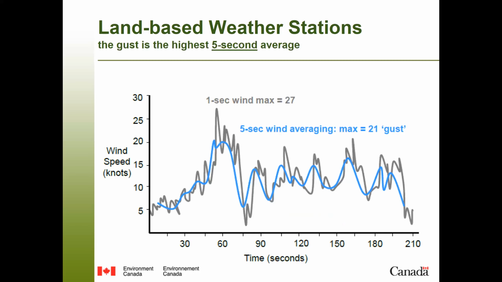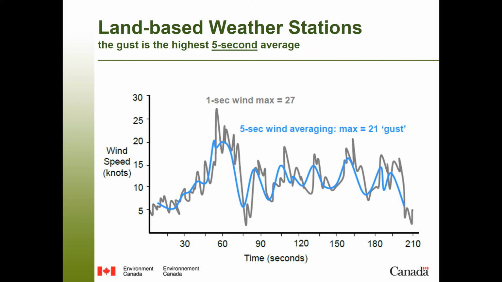So again, same graph in the gray, time across the horizontal, speed in the vertical, and the 1 second sampling is in the gray. Then you've got the 5-second average, which is now in blue, overlaid. It's not quite capturing, say, the peak of 27 there, but it's certainly close, and it's much more representative.